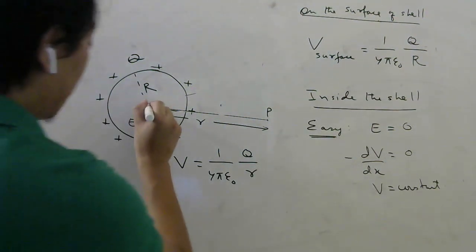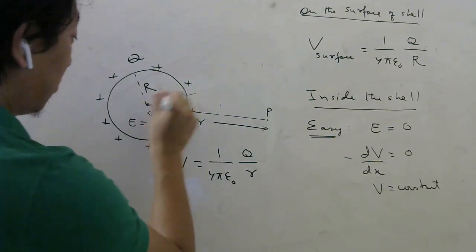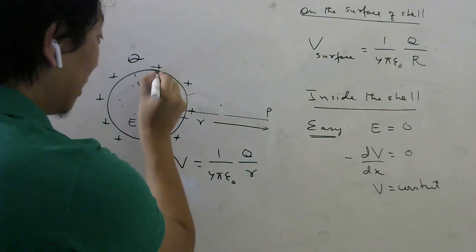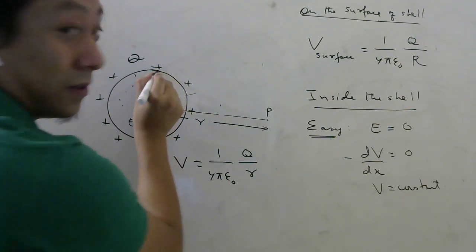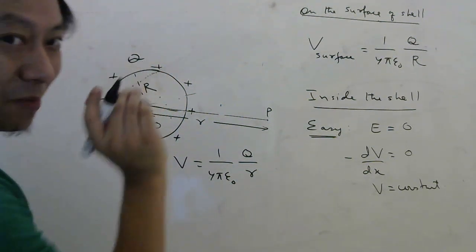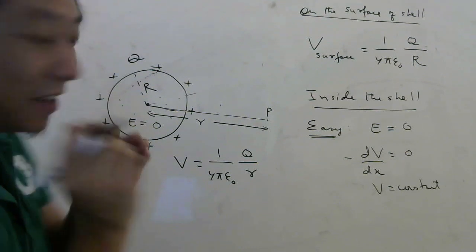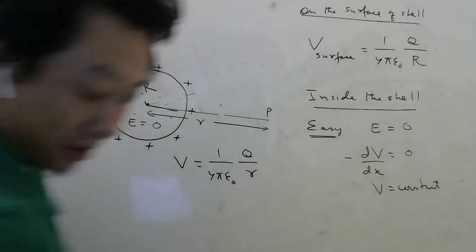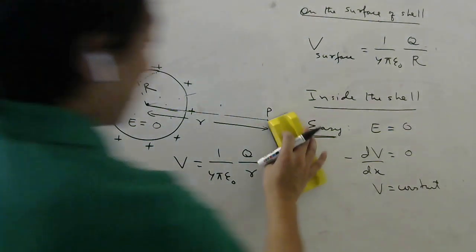So at this point, this point, this point, till you reach this point here, which is also inside, it may be just touching the surface, but still inside, everywhere potential should be constant. That means a very, very interesting result, you see.